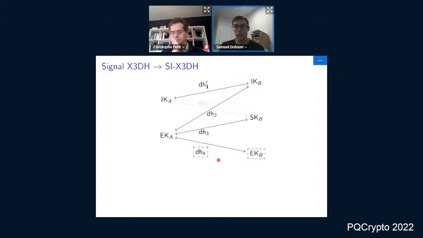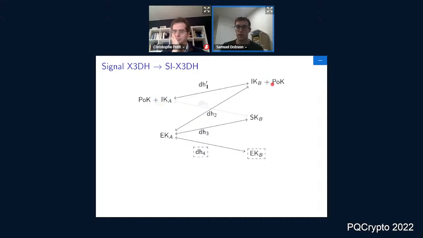So our protocol is a slight modification on this. We make three key changes. The first is that we replace this DH1 between the semi-static key and identity key with an exchange between the two identity keys. And the reason we do that is so that we can add these proofs of knowledge onto the identity keys.